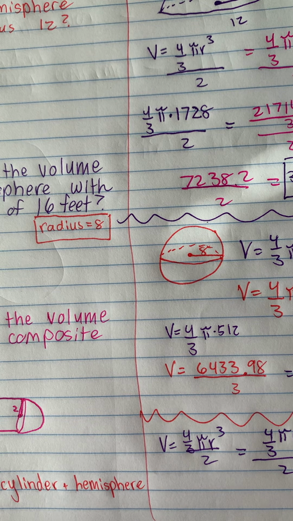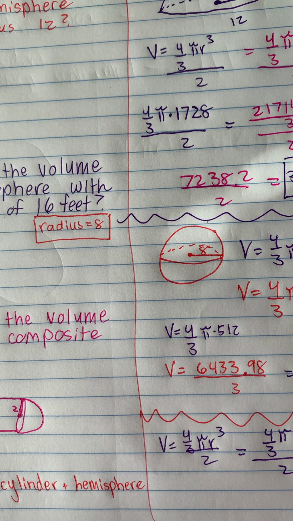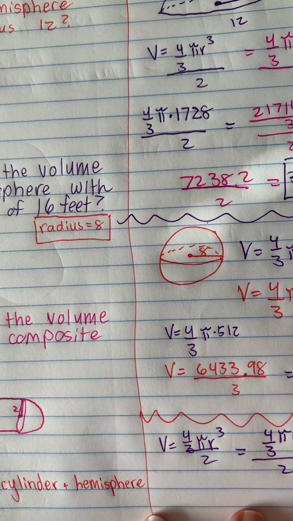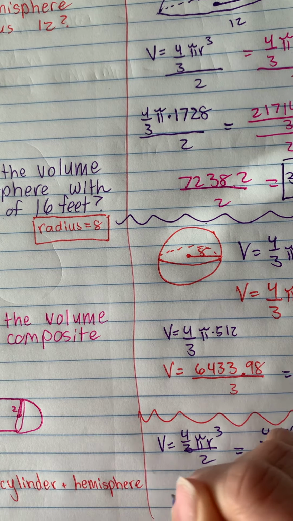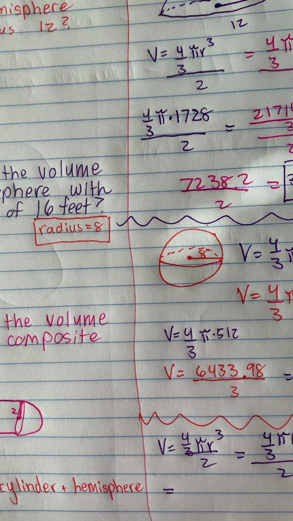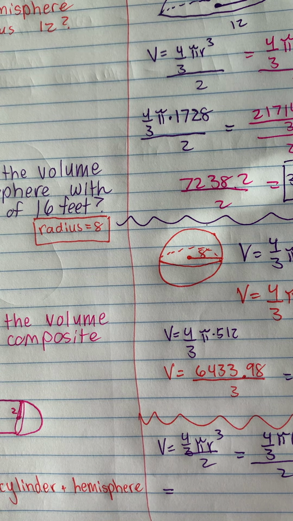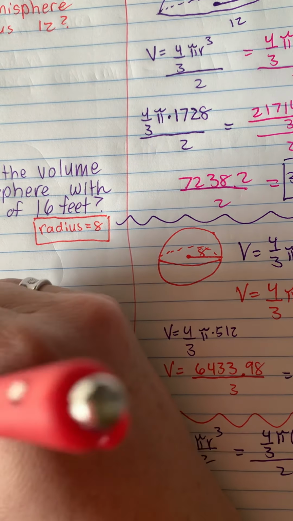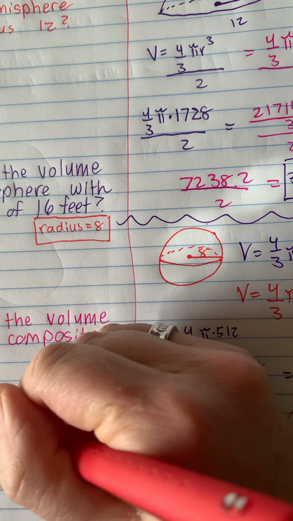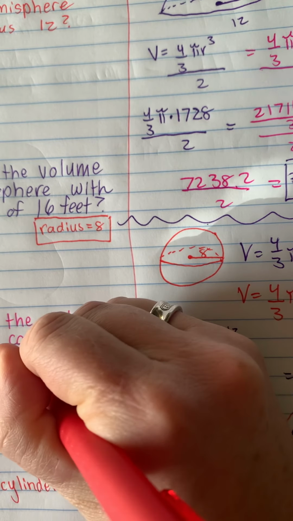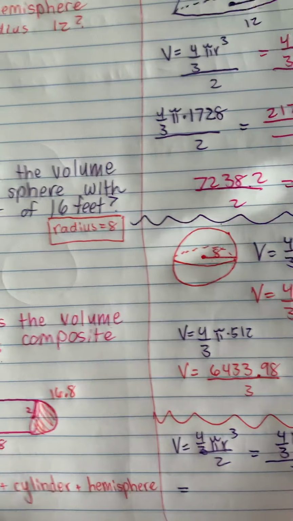I'm not going to do every single step because we did it on the last one. 2 cubed is 8. So that gave me 100.5 divided by 3 divided by 2. And we find out that first hemisphere had a volume of 16.8. And since these hemispheres are the same, I know that this one is also 16.8.